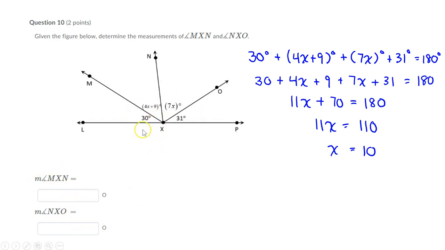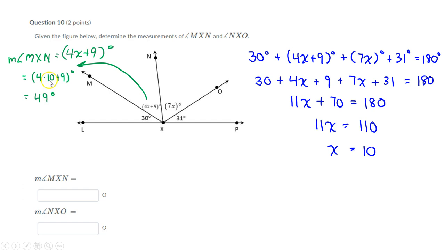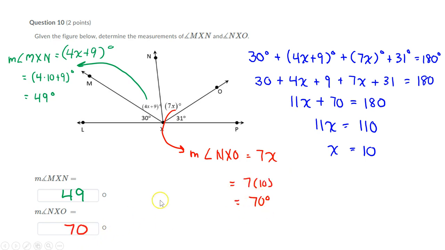Angle MXN is 4x plus 9 degrees. Replace the x with a 10: 4 times 10 plus 9 is 49 degrees. Similarly, angle NXO's measurement is 7x. Replace the x with a 10: 7 times 10 is 70 degrees.